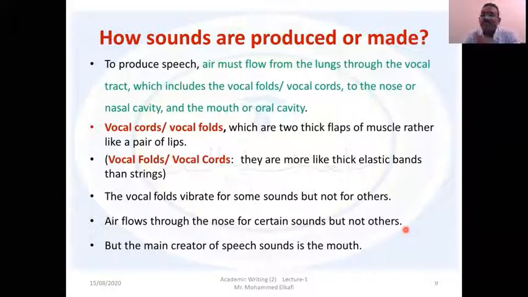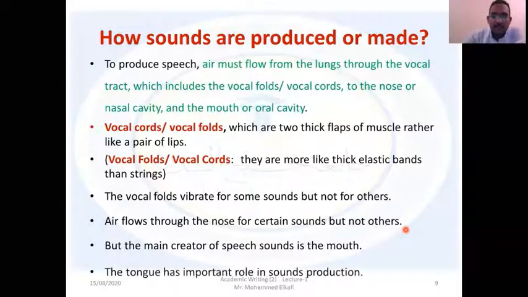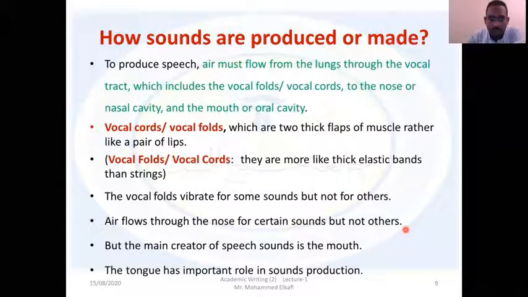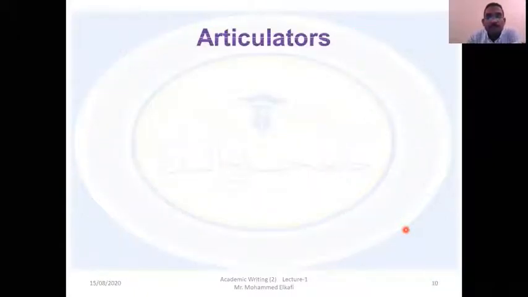So this is the main creator of speech, and it has an important organ for speech, which is known as the tongue. The tongue has an important role in sound production, as we said. Articulators.